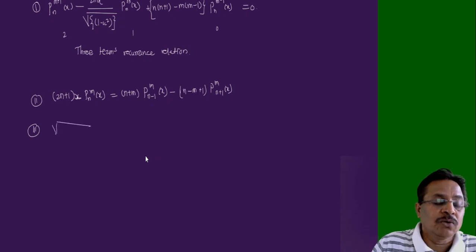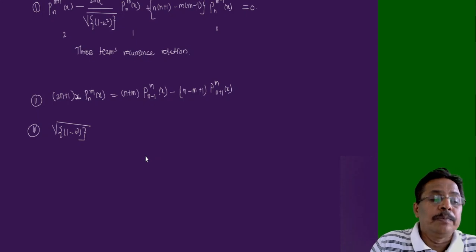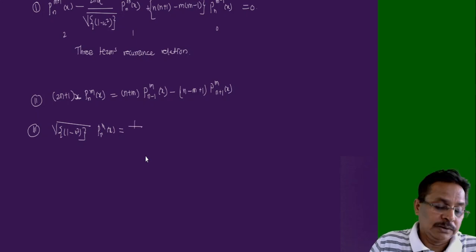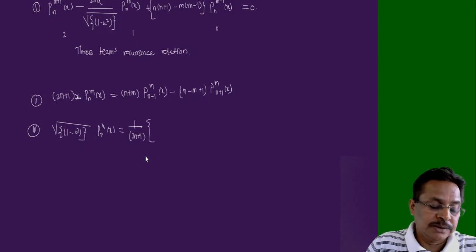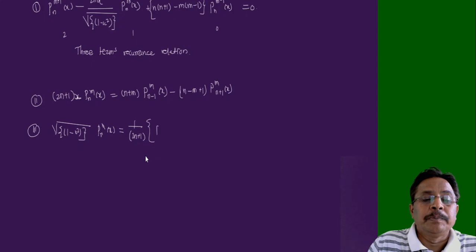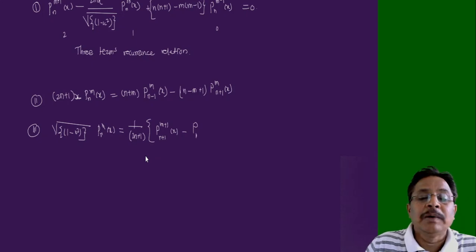Third is root of (1 minus x square) P_n^m(x) is equal to 1 upon (2n+1), and here it is P_{n+1}^{m+1}(x) minus, this is another associated Legendre polynomial, P_{n-1}^{m+1}(x).